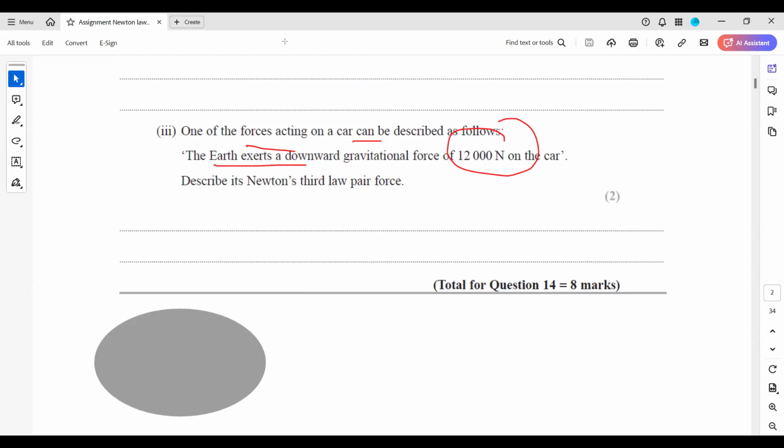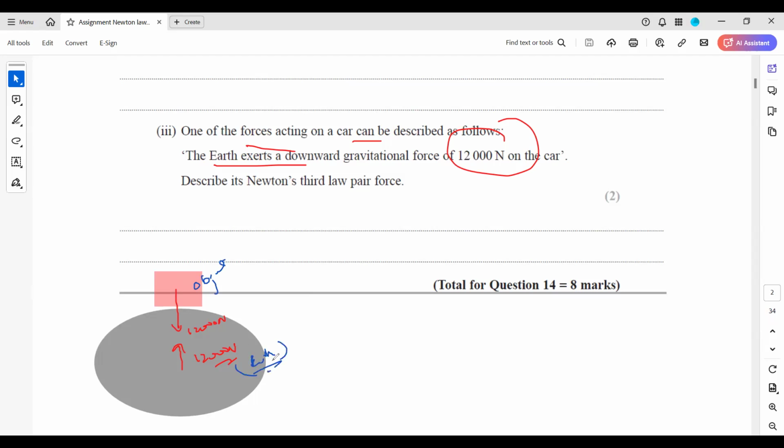The object experiences a force of 12,000 Newton, so the object will pull the earth by a force of 12,000 Newton. Why do we say acting on two different objects? Because one force acts on the object and the other acts on the earth.